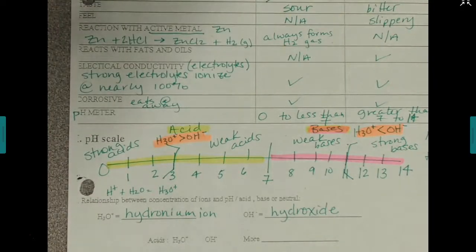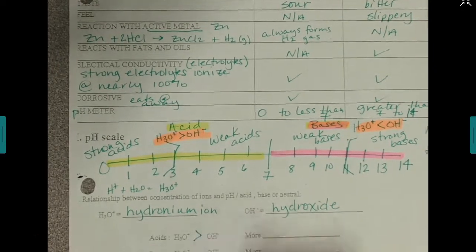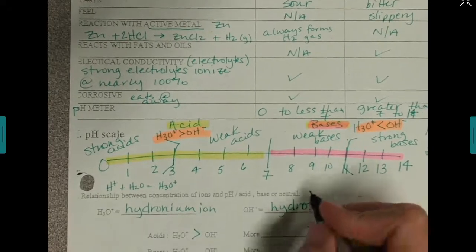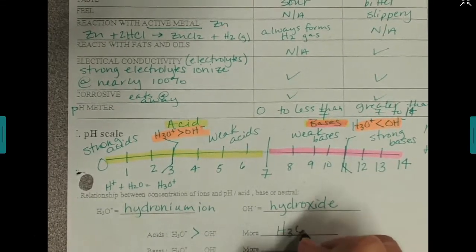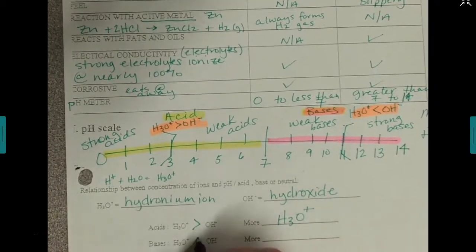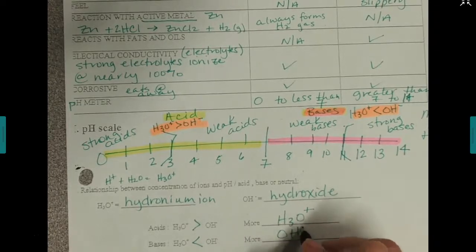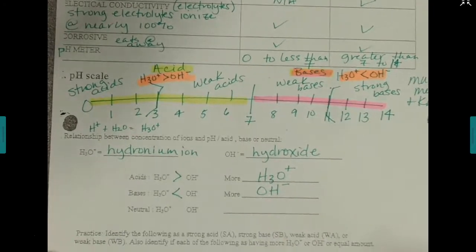So let's fill this in. Acids, what did we just say? That acids will have a greater hydronium concentration. So there are more H3O plus ions. Bases will have less hydronium, so therefore there'll be more hydroxides.